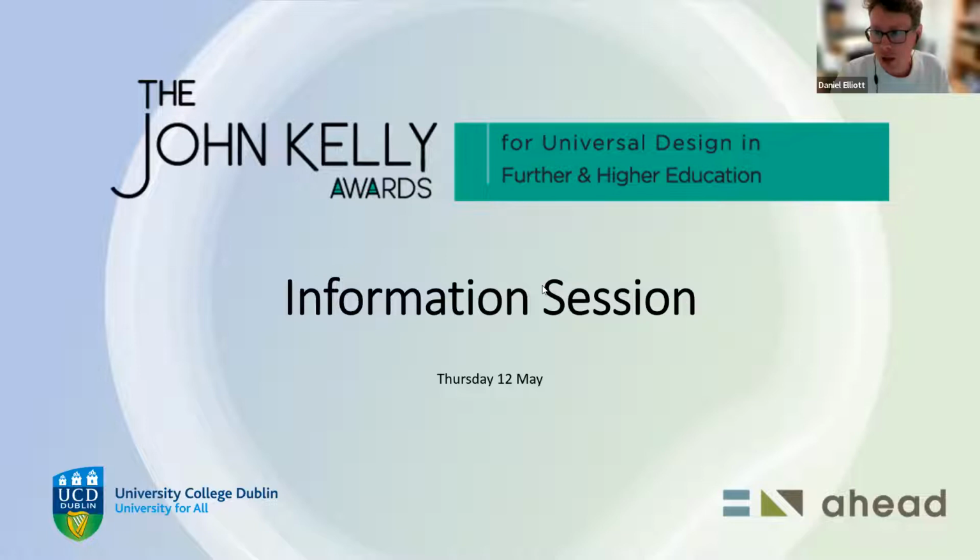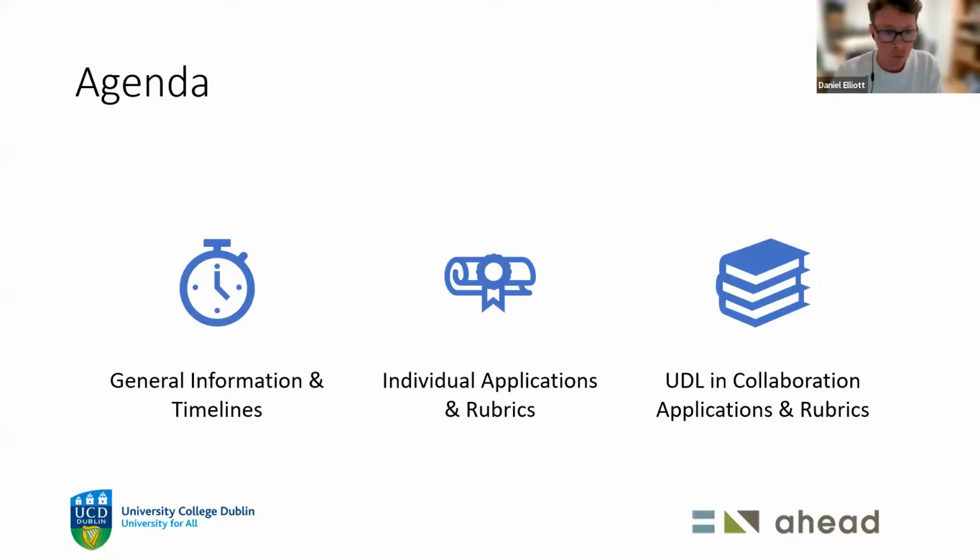Perfect. Okay. So what we will do today is go through the general information and the timelines for the awards. Then we'll look at the individual applications and the rubrics, and then look at the UGL and collaboration applications and the rubrics. So hopefully you all know that there are two categories of the John Kelly Awards.